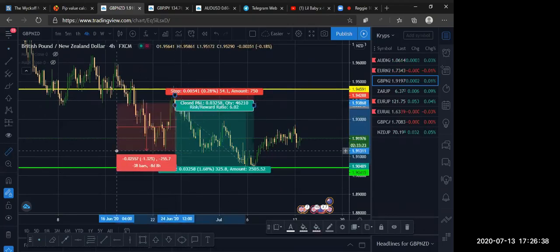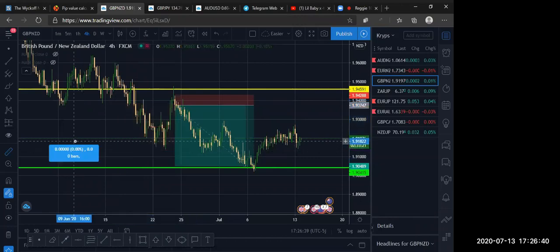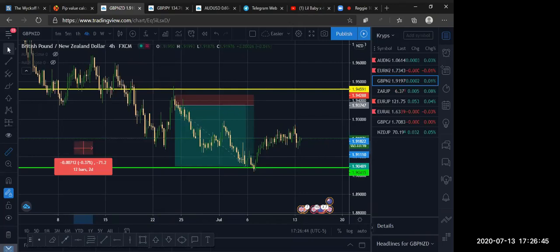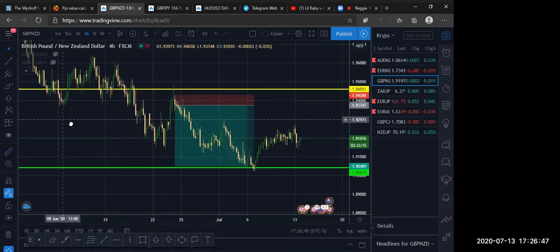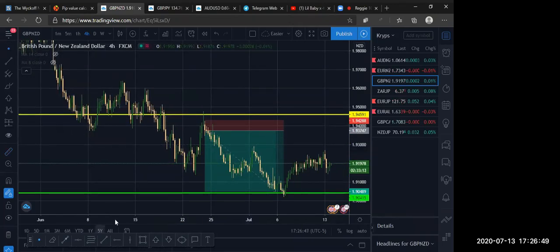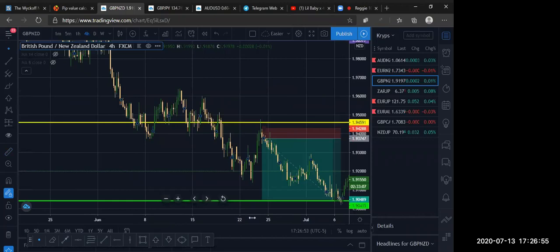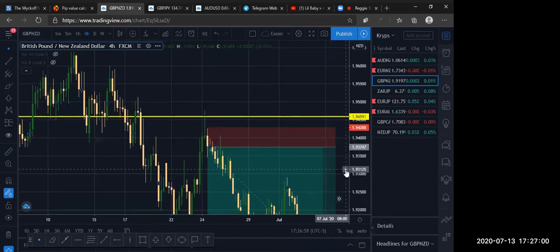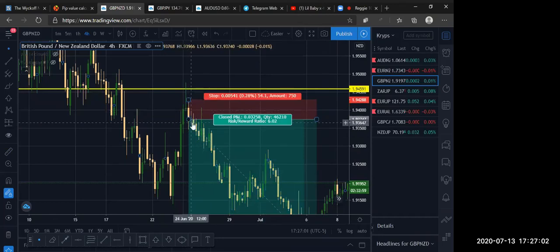Oh, 325 pips. How much was risk? That was 54 pips for 325. That's a good risk to reward, but you have to hold the trade and you have to be able to withstand the drawdown, because before this trade actually took off, it stayed in drawdown for 8, 12, 16, about 20 hours.